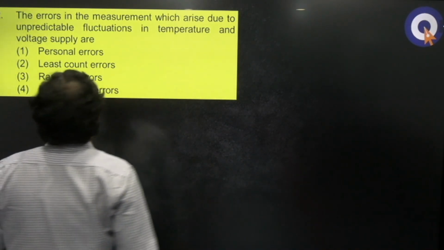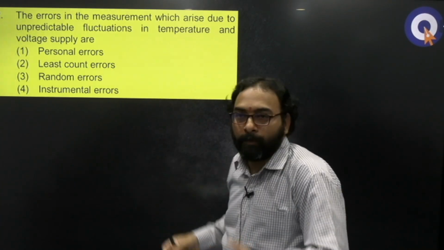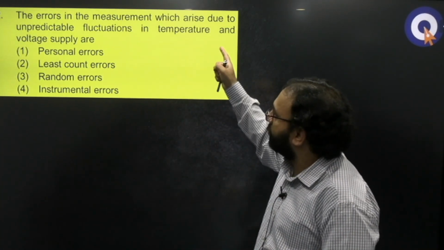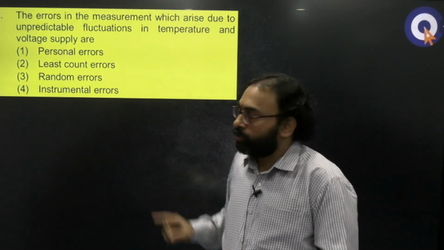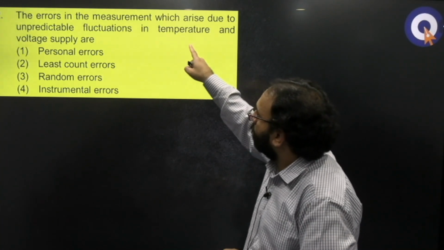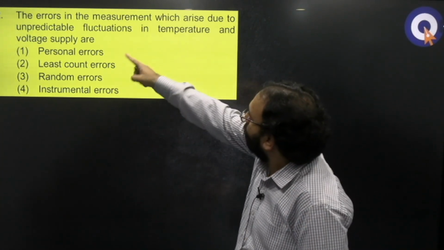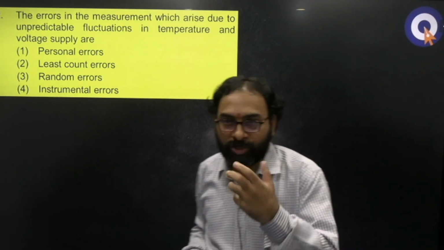Next question. The errors in the measurement which arise due to unpredictable fluctuations in temperature and voltage supply are. So here the errors mentioned are related to temperature and voltage supply in a measurement.